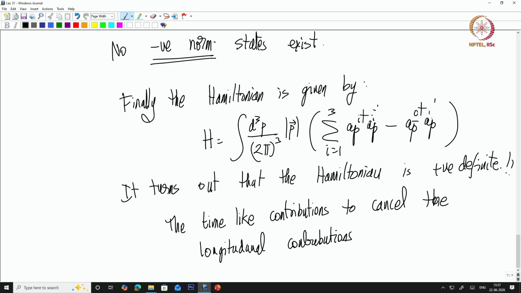So the Hamiltonian remains positive definite essentially.